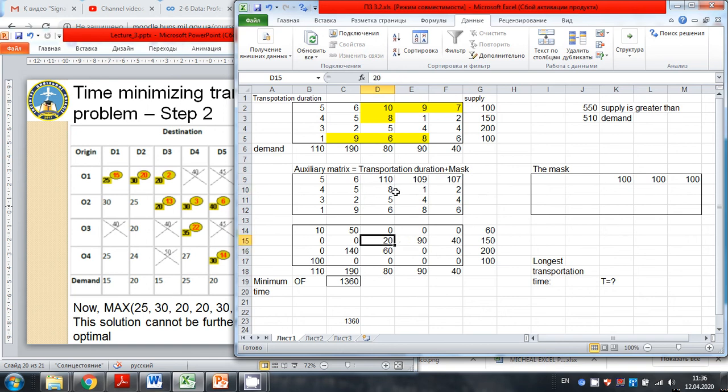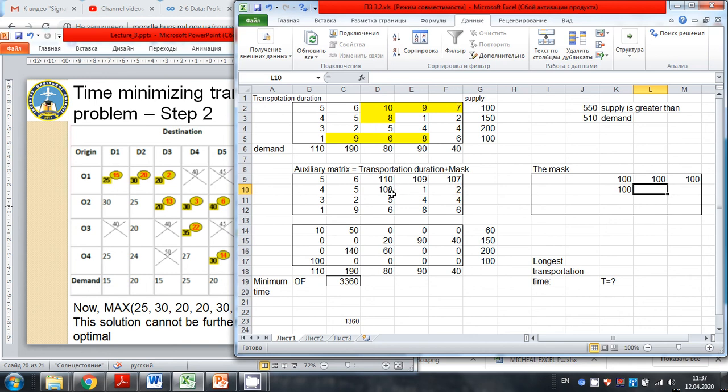And immediately as we put this mask, we can see that these values are getting crossed out. They're becoming so ridiculously high that they should not be represented in the solution mix when we get the optimal solution. So we may cross out this 9. Again, 100.